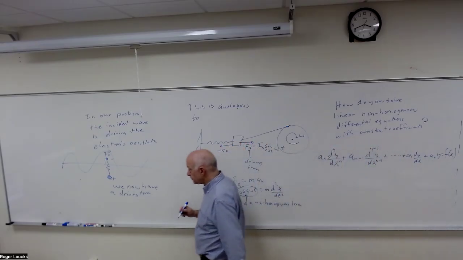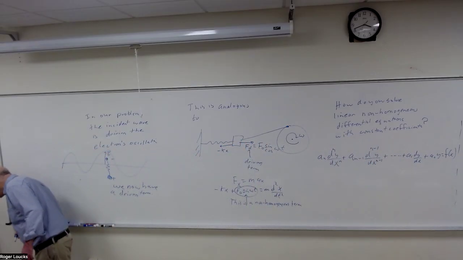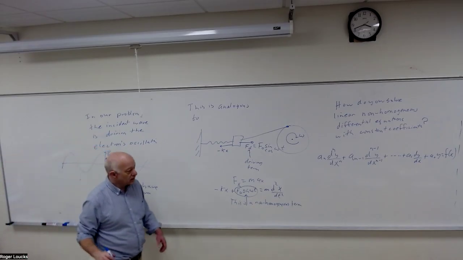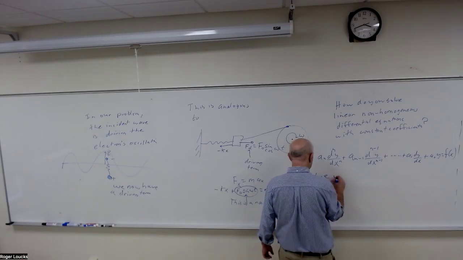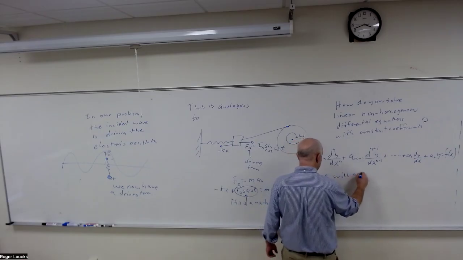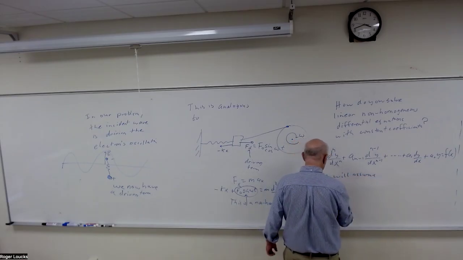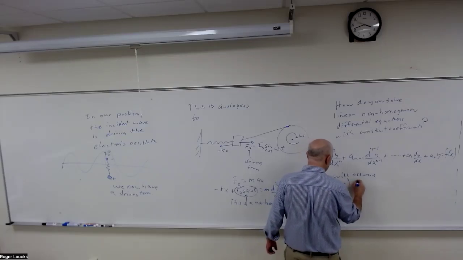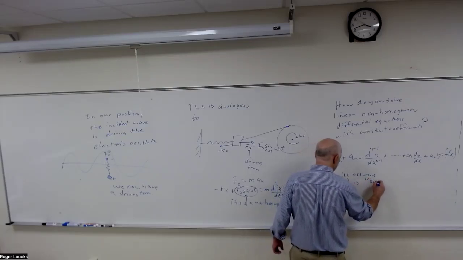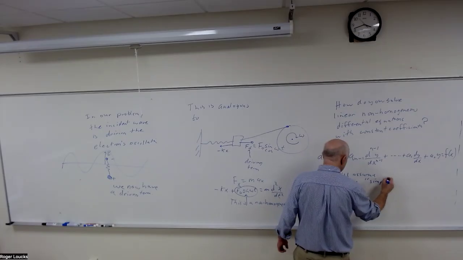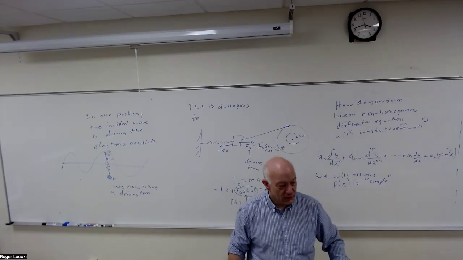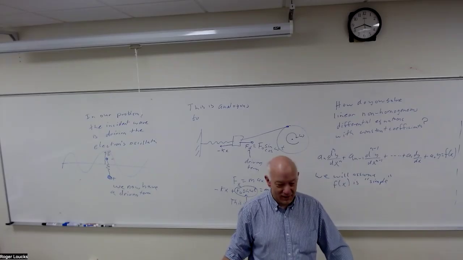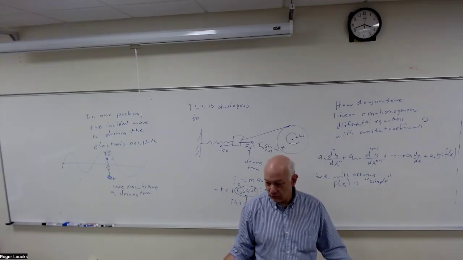Does that show up? Yes, it does. We're going to make some assumption. We will assume f of x is, I'll put it in quotes, simple. That's going to be my question to you. What does it mean to be simple? Is that a complex function?